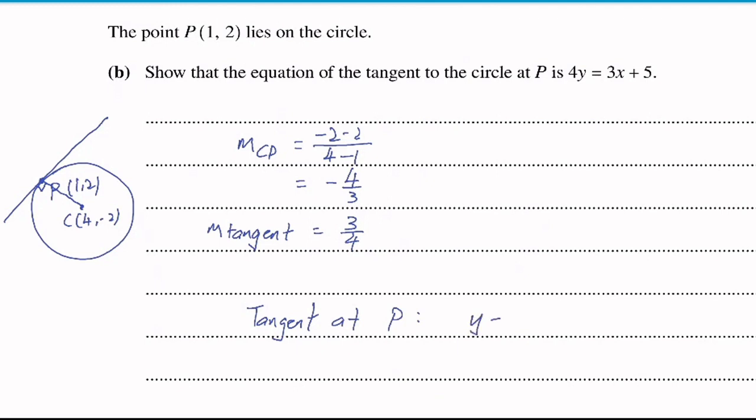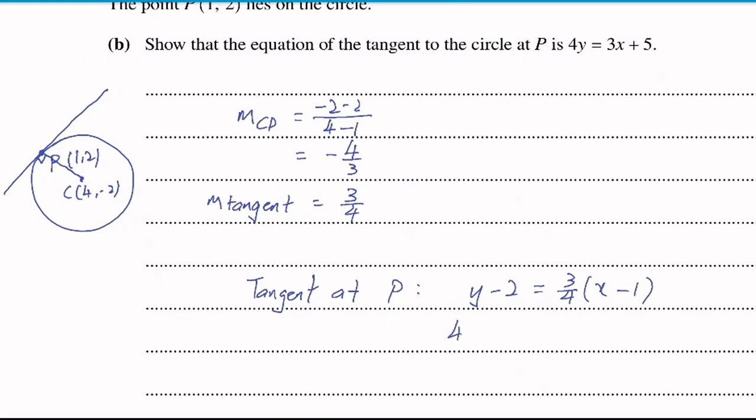So y minus y1, the tangent passes through the y coordinate 2, equals to m, and we have got x minus x1. x1 is 1. So just rearrange from there basically. Okay, it's a usual question that asks about the tangent there. So no issue for this one.